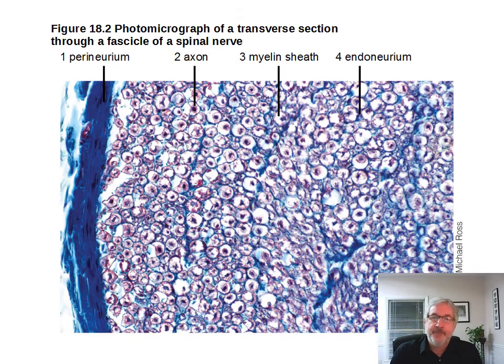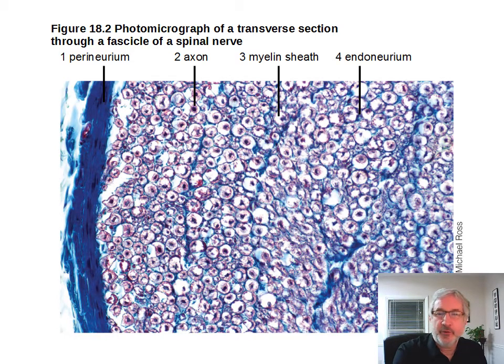Okay, next slide. Here's a photomicrograph of a transverse section through a fascicle of a spinal nerve. So you have the perineurium. And here you can see an axon, the dark dot right here, and then you have endoneurium around it.